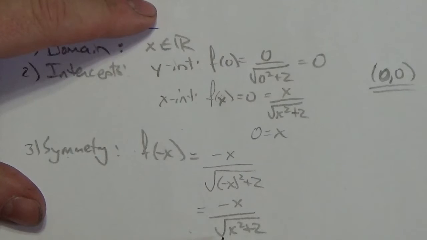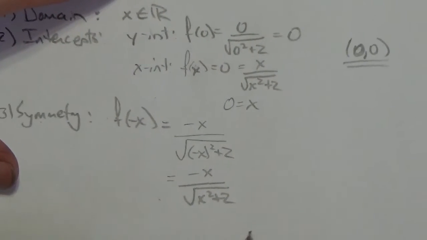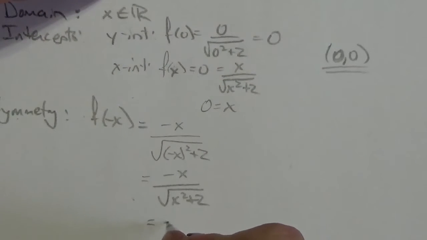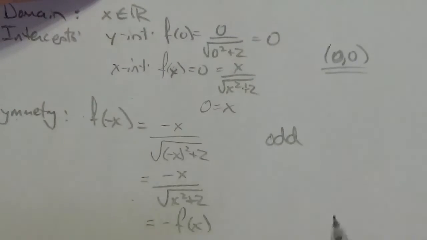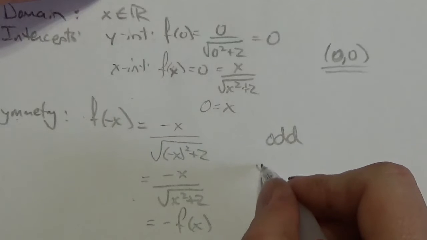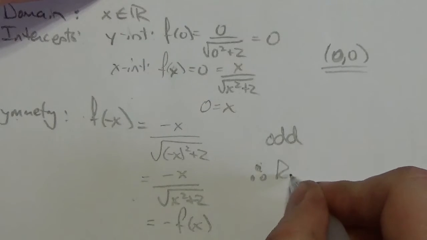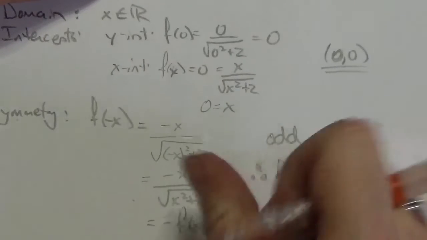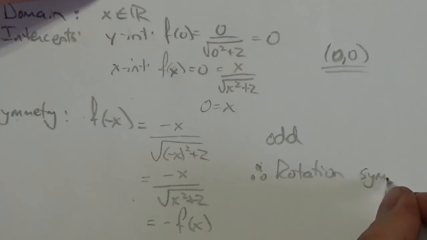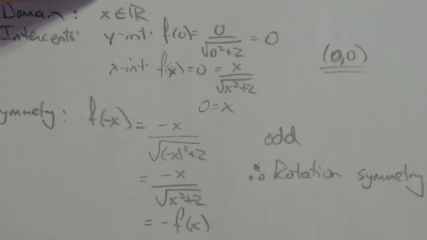So look what happens here. The negative basically disappears. This is essentially exactly the same as the negative of the original function, which makes this thing odd. So therefore it's got rotation symmetry about the origin. Sorry, I wanted to say rotation symmetry. Good.